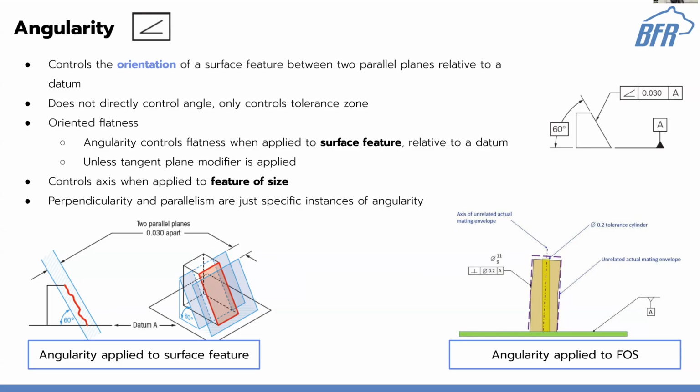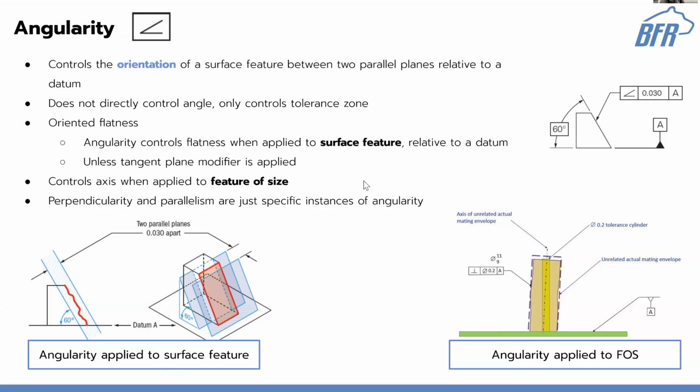And then it'll create a zone from there, right? Are we still using 30 thou? Yeah, that's 30 thou apart between your two planes. As long as it's sitting within, right? If part of it sticks out of the box, it won't count. So yeah, same sort of measuring scheme for angularity.